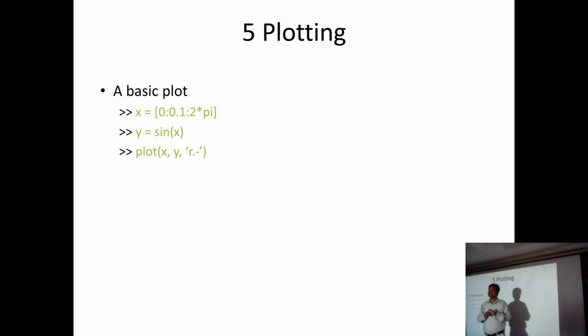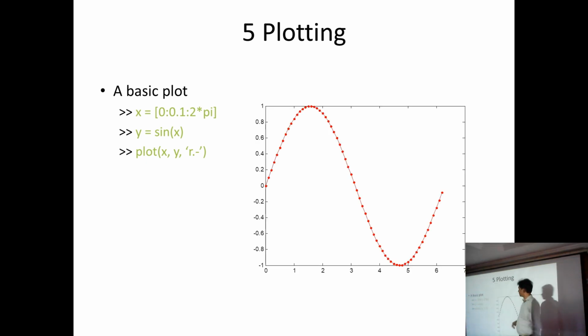Look at the graph now. So I want dot hyphen. See, I want dot hyphen, dot hyphen, dot hyphen. I want red color. So that is the beauty of this plotting.